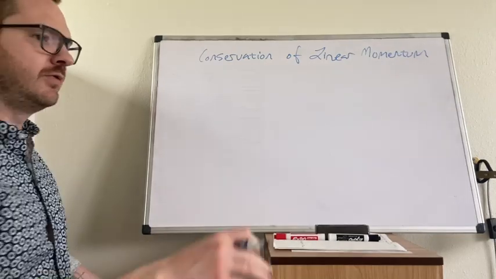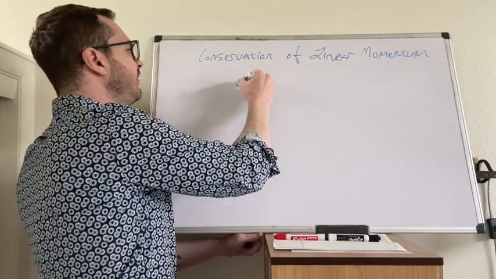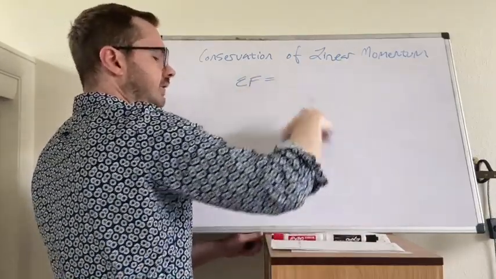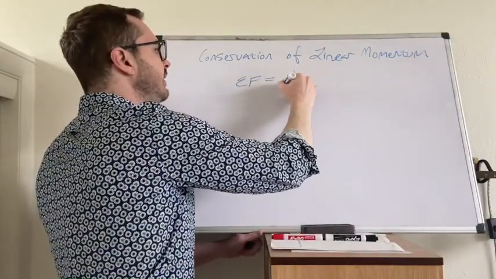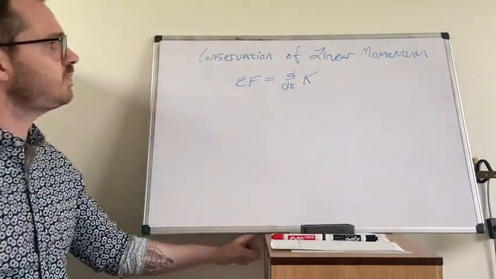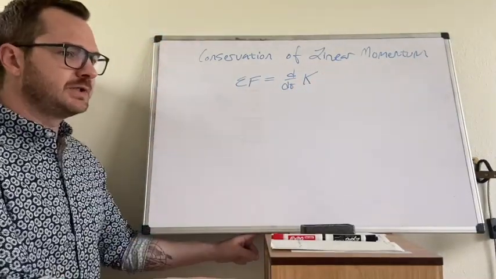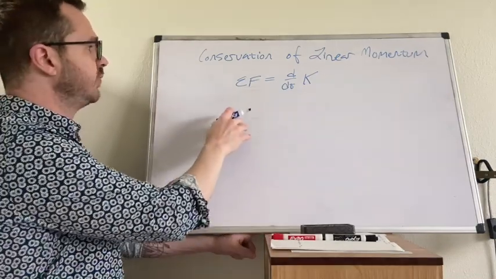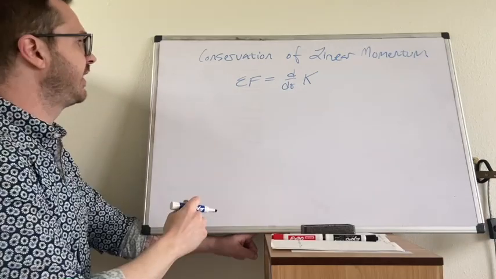Let's go back to Newton's second law. We know that the sum of forces is equal to d/dt of linear momentum. Now, we actually applied this when we did the rocket science equation. We said, what happens if the left-hand side is equal to 0?